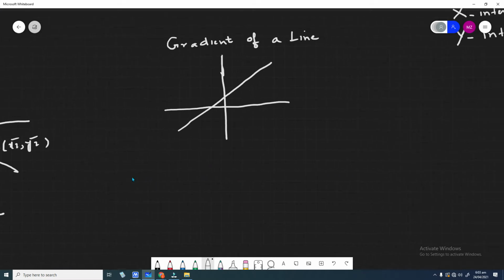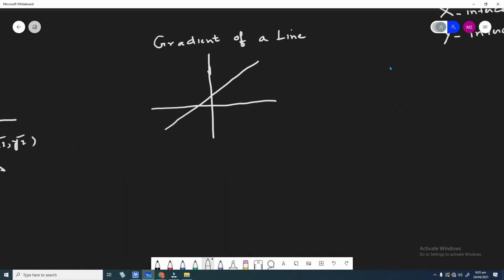The next concept is the gradient of the line. How can you calculate the gradient of the line if two points are given on the line? Suppose you have got one point x1 and y1, and you have got another point B on this line, and this is x2 and y2, and you are asked to find the gradient of this line.